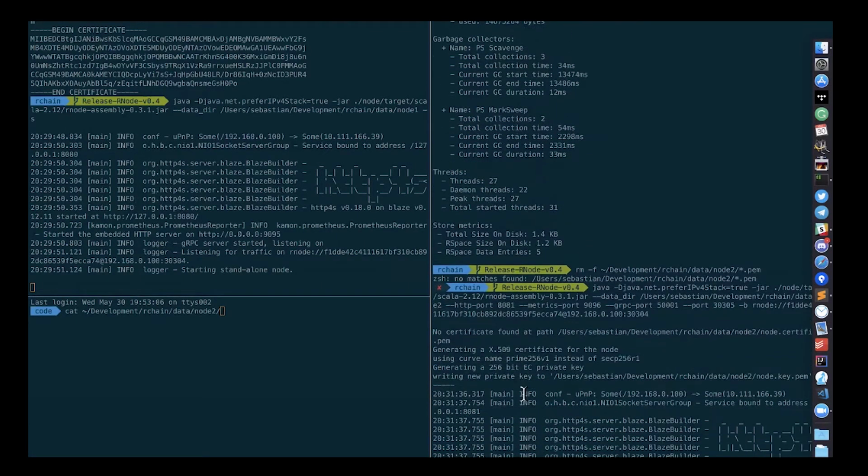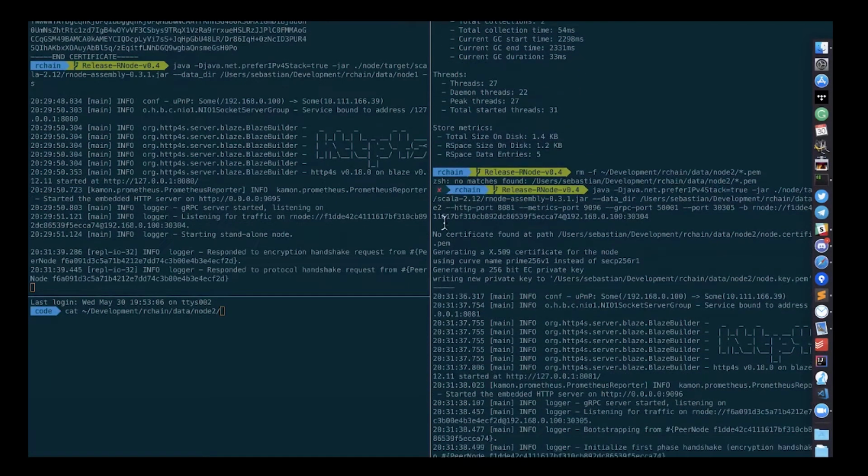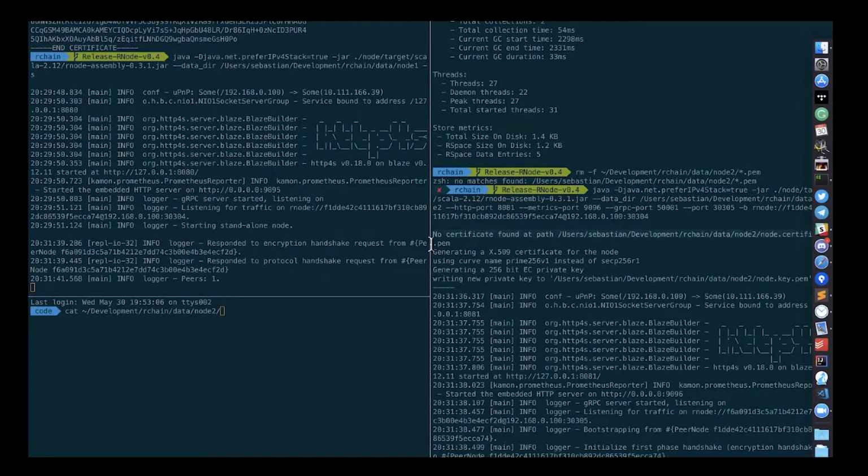Okay, what you can see here is no certificates found at path, so we generate them for you, and we use the R1 curve. And as you can see, it's still working. We didn't break it. Our new gRPC transport layer is working. You can see that on both sides we have peer 1.